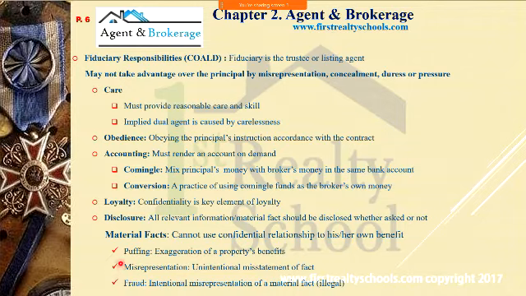We need to talk about puffing, misrepresentation, and fraud. Puffing is just exaggeration of the property's benefit. Say, oh, this house is the most beautiful one in Arcadia. That's puffing.